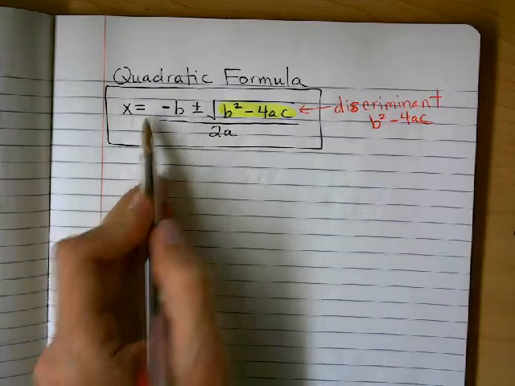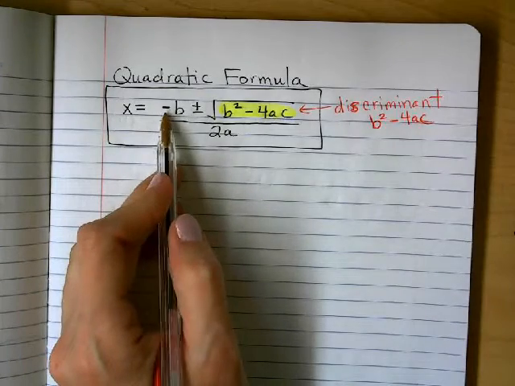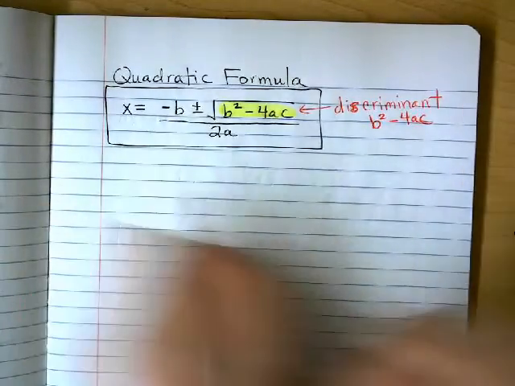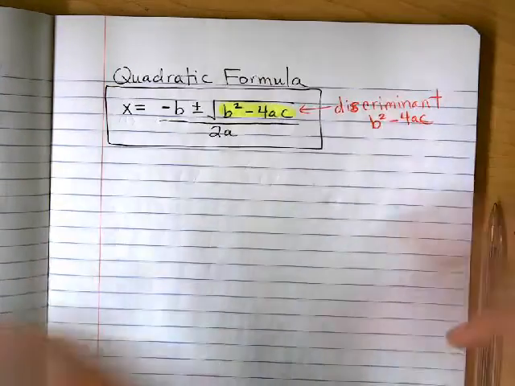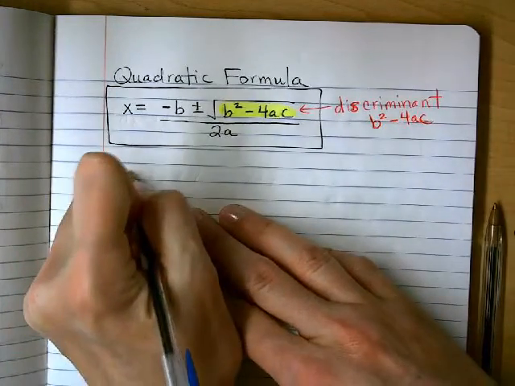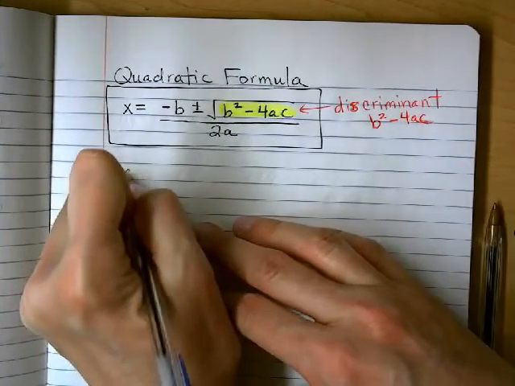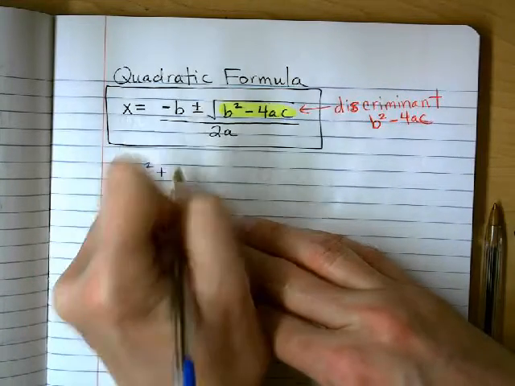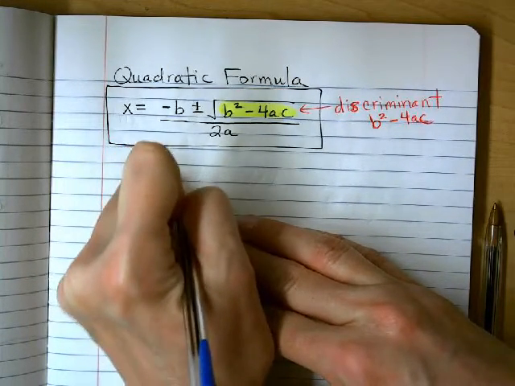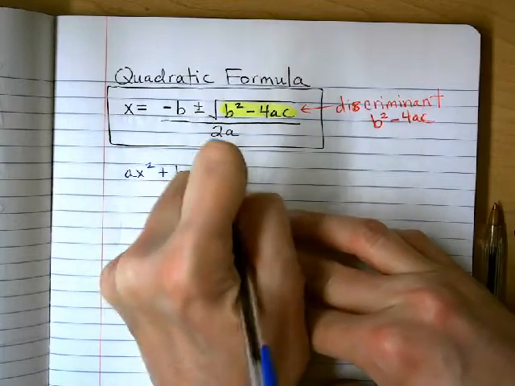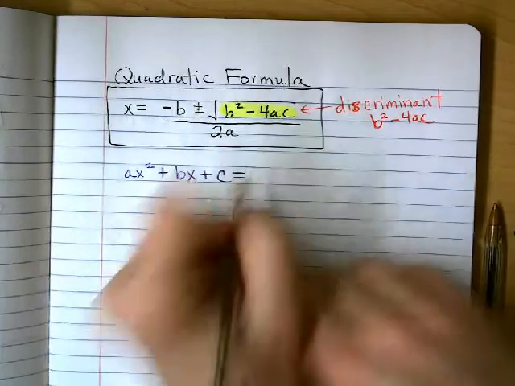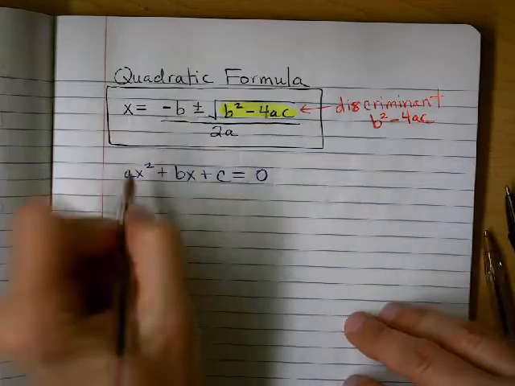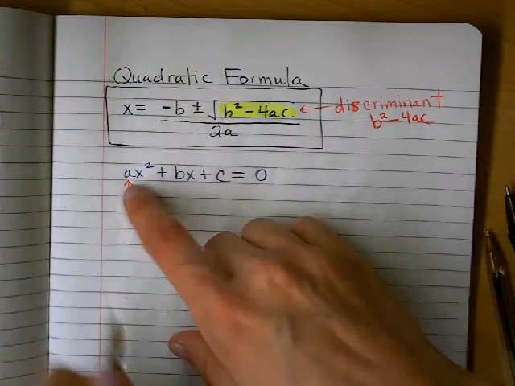Now, what are these A, B, C letters? Well, it goes off of when you're working on an equation. We've been working on equations that have x squared in them. We've been working on these quadratic equations. So the A, B, C comes from an equation they give you.